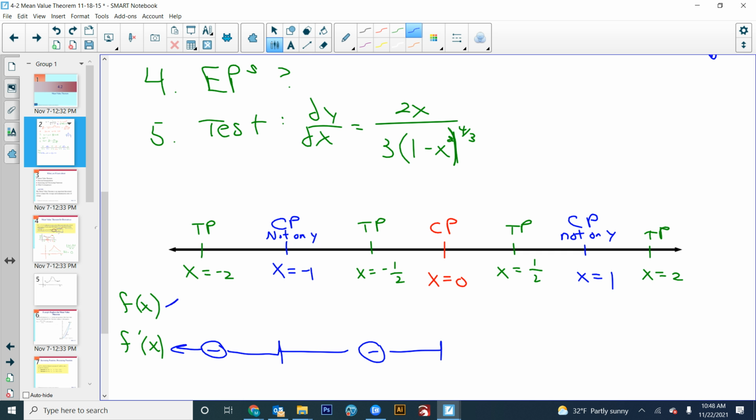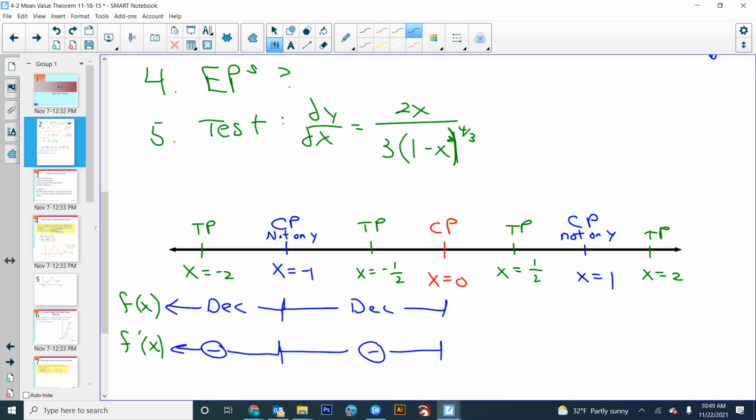My f of x must have been decreasing and then got to this weird not-on-domain point, and then afterwards kept decreasing. So even though that point wasn't even going to be considered as an extrema, it's still good to know what was happening around it.